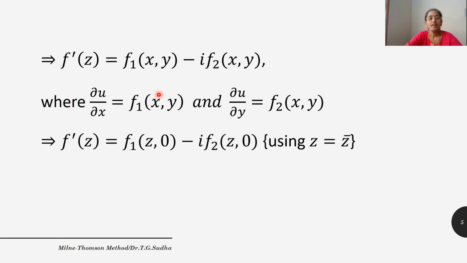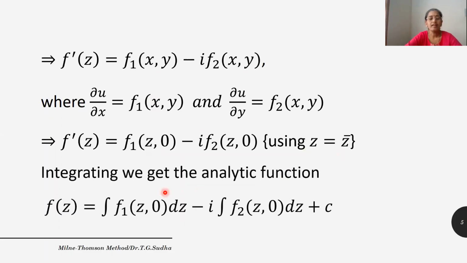For that, let us replace x by z and y by 0 using the substitution z is equal to z bar. Now on integrating, we get the analytic function f of z is equal to the integral of f1 of z comma 0 dz minus i into the integral of f2 of z comma 0 dz plus c, a constant of integration.